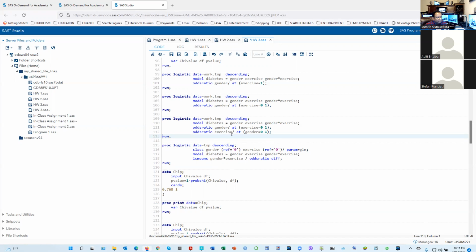Exercise to gender 01. That one. Yeah, you can recall that one and check for that one. Okay, check for that one and see how that can be, these two.